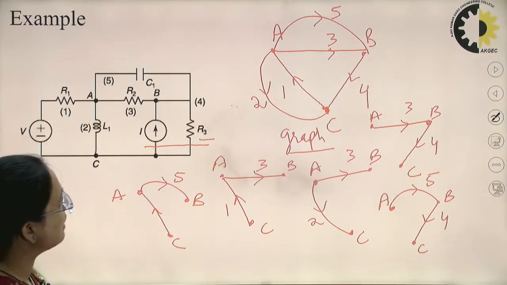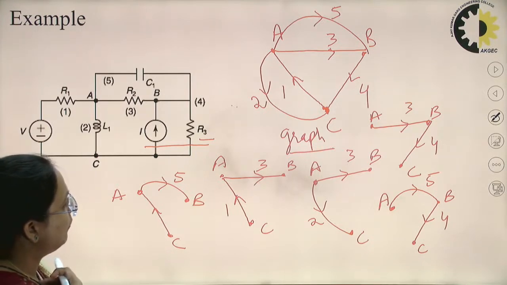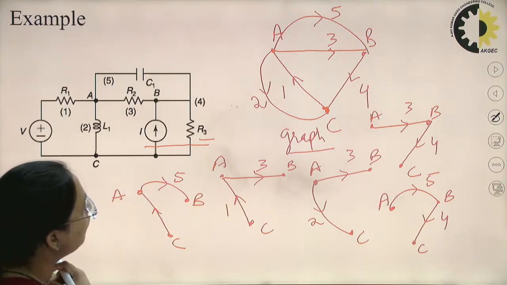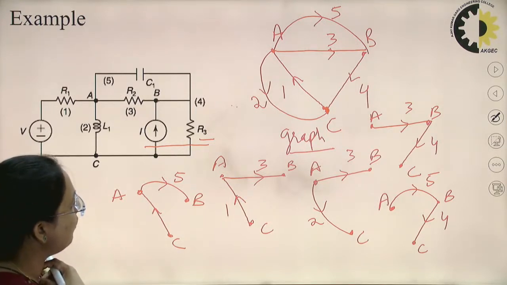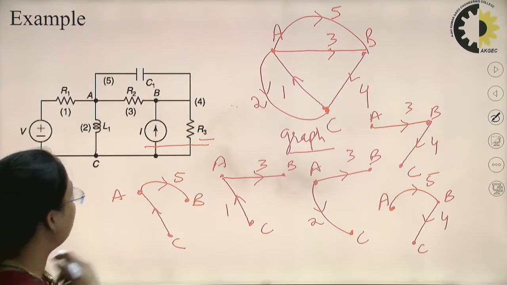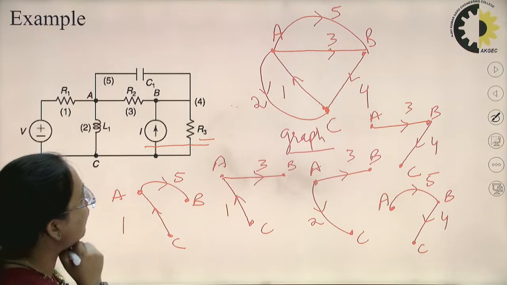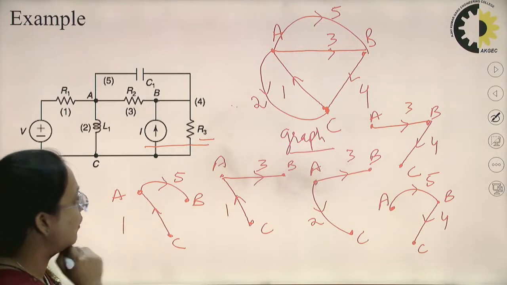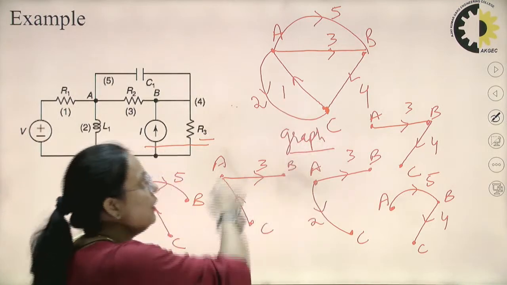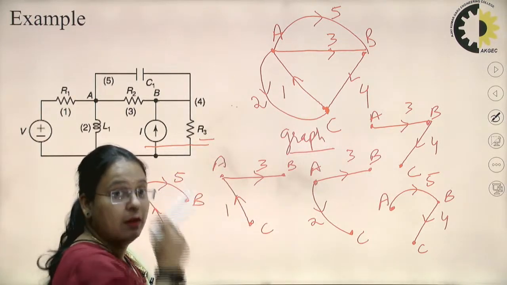So this is 1 and 3, this is 3 and 4, 5 and 1, 5 and 4, that is done. So these are the trees from this graph.